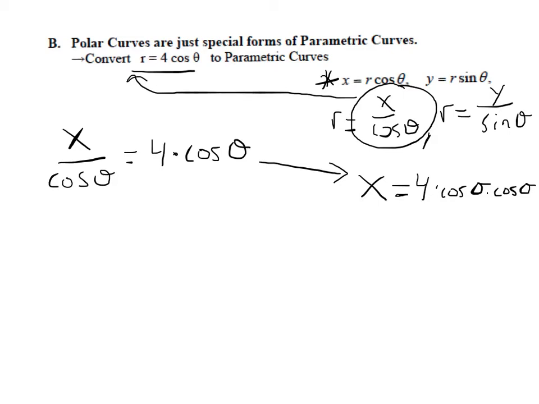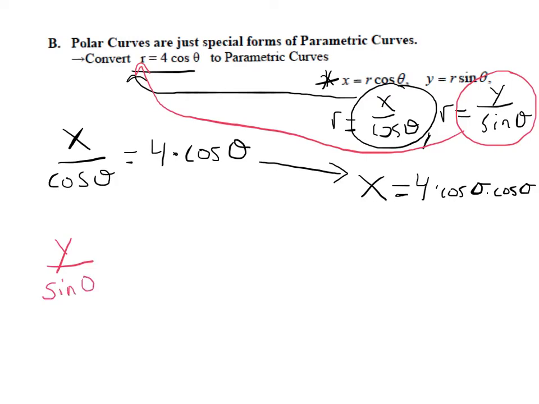I do the same thing for y. I take what I know r equals using a y, and I go back to my original and plug it in for the r right there. So I would get y over sine of theta equals 4 times cosine of theta.